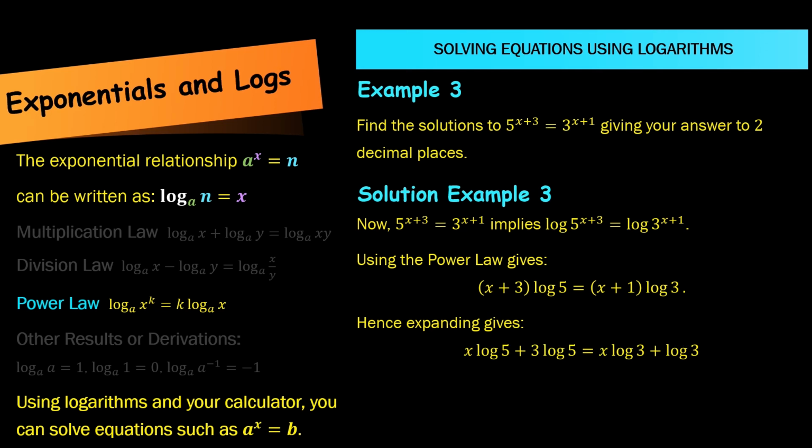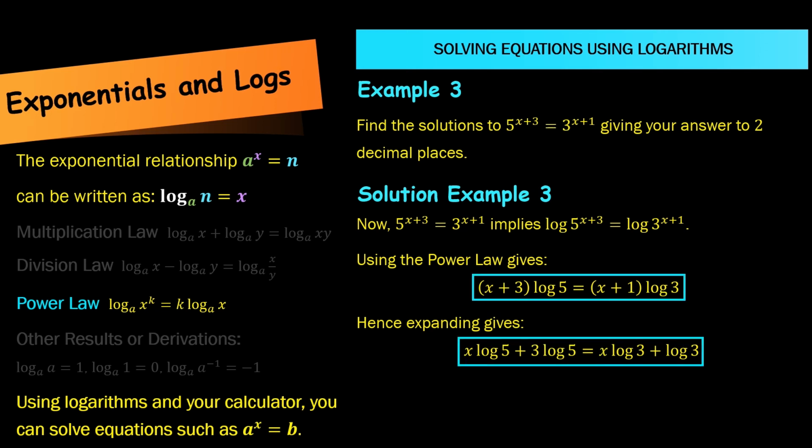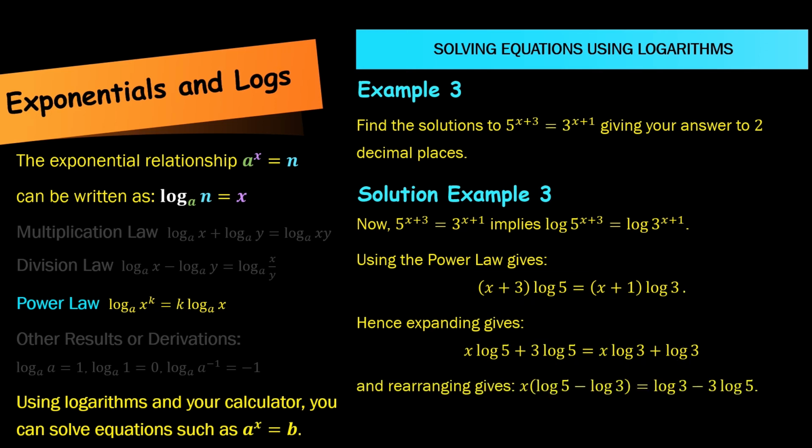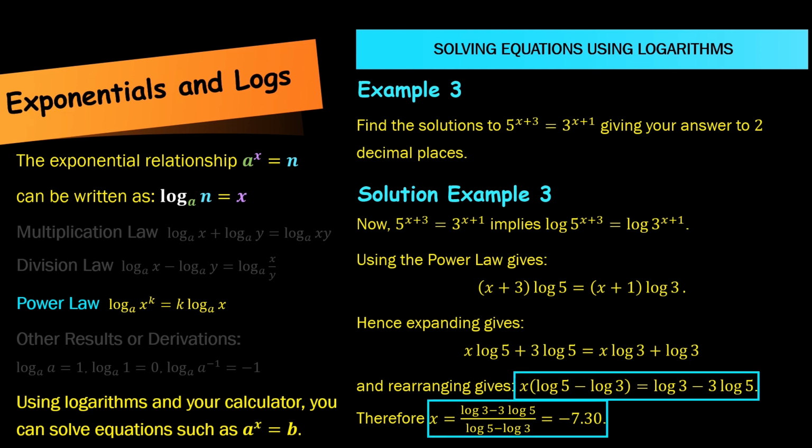And expanding gives us this equation here. And finally, rearranging and dividing by log 5 minus log 3 gives us that x is equal to minus 7.30.